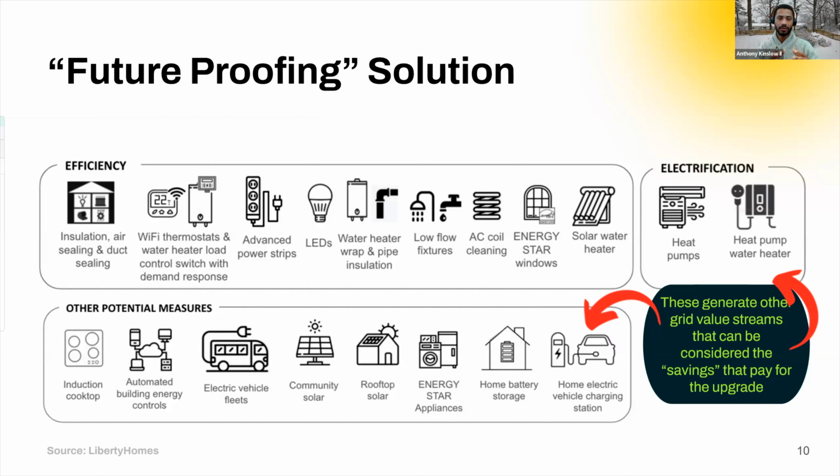So utilities don't have to just go by the savings, they can go by the value added to, say, the grid for having options for a virtual power plant, for DERMS, distributed energy resource management systems, right? Like there's values that these technologies on a home level bring to the grid at the grid level that can be applied to the investment.